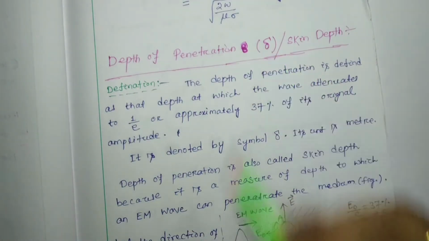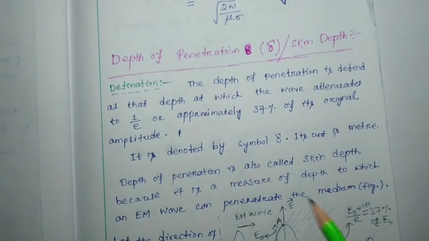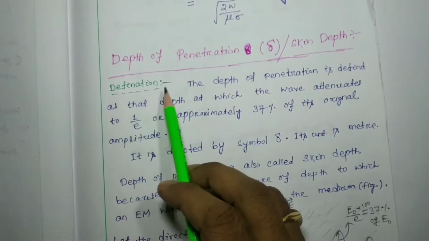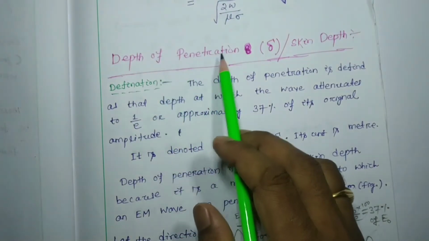So now we have to discuss the depth of penetration, or skin depth, represented by the symbol delta.